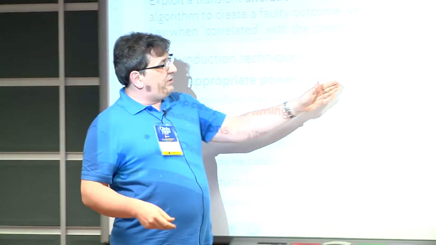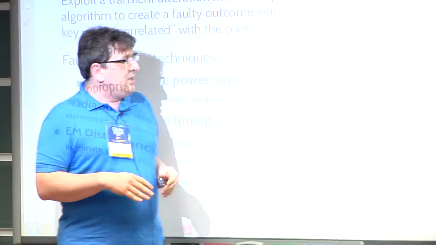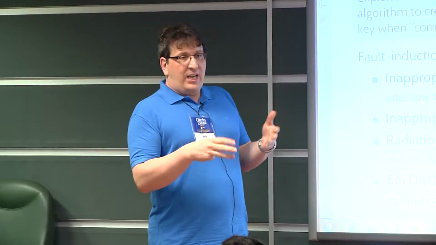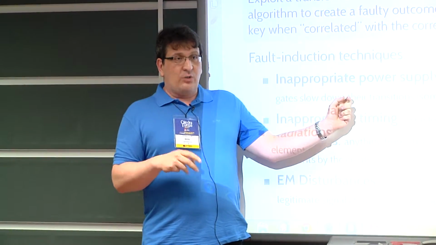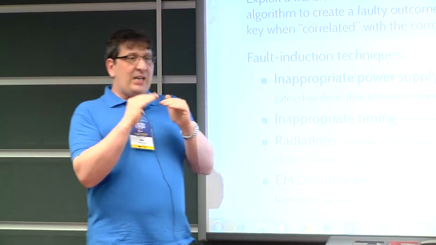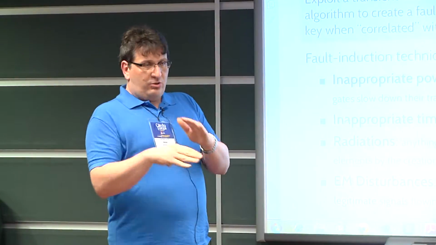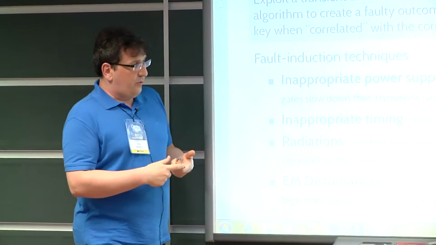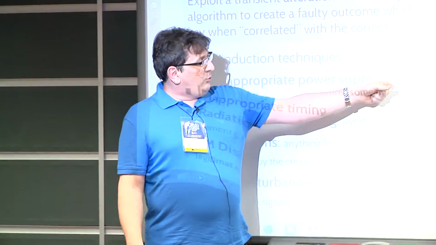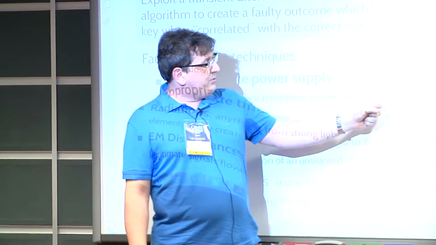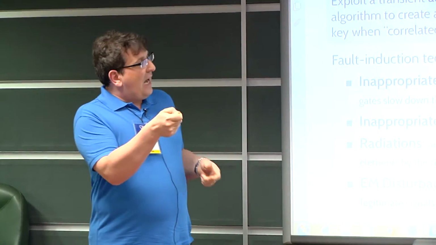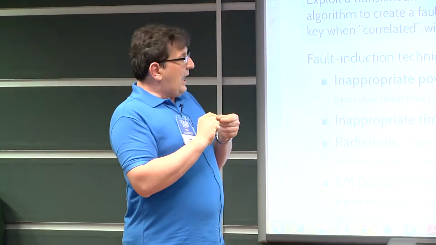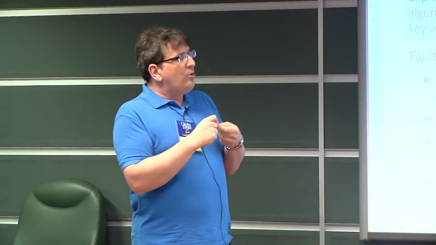All this kind of tampering will lead logic gates to slow down the switching activity, the transitions performed by signals in the logic of the circuit. This means that if you do something like this, some bit values will be saved before they are stable. So if you underfeed your device, you'll have what is called a setup time violation.